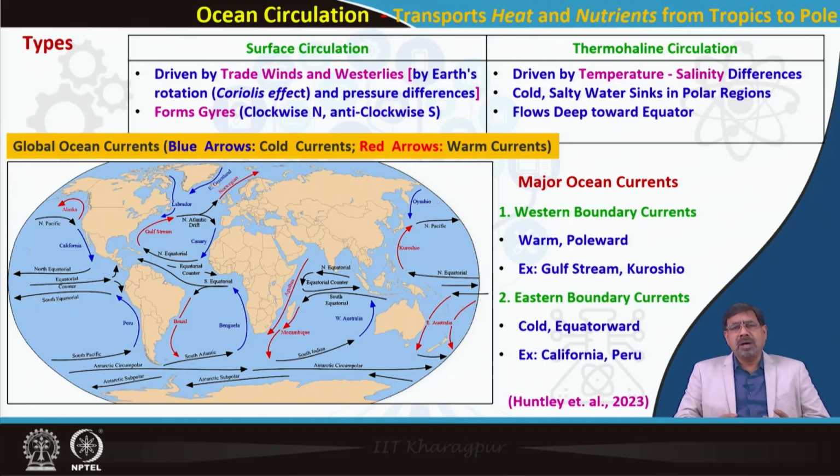So, examples, you have the Gulf Stream, you have the Kuroshio, and eastern boundary currents are cold, they move from the polar region towards the equator. So, these examples we take in terms of the California and the Peru currents.